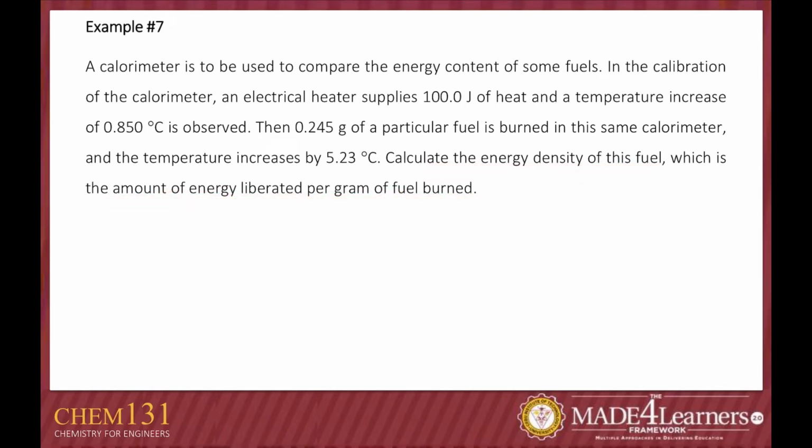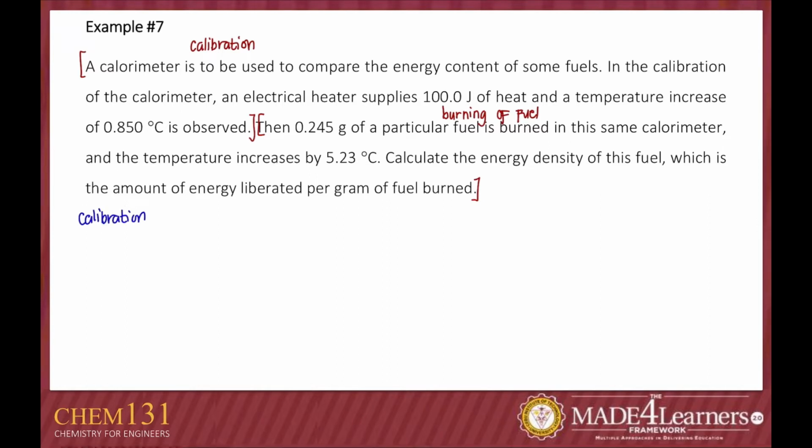In this example, there are two parts. This part, which is the calibration, and the second part where the particular fuel is burned. So in the first part, in the calibration, okay, let's write calibration.